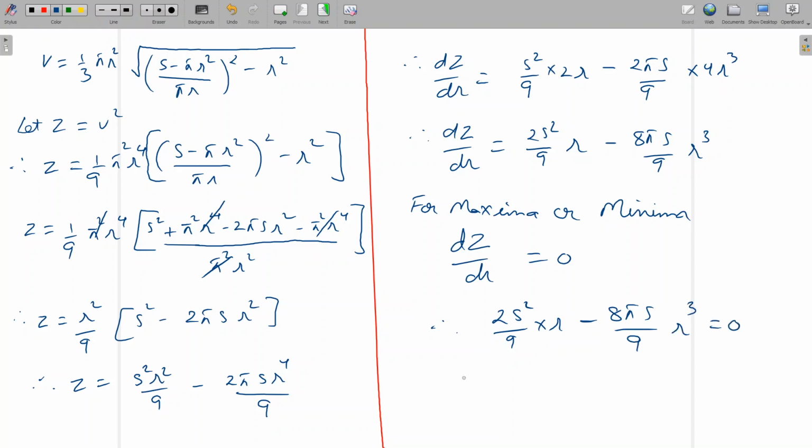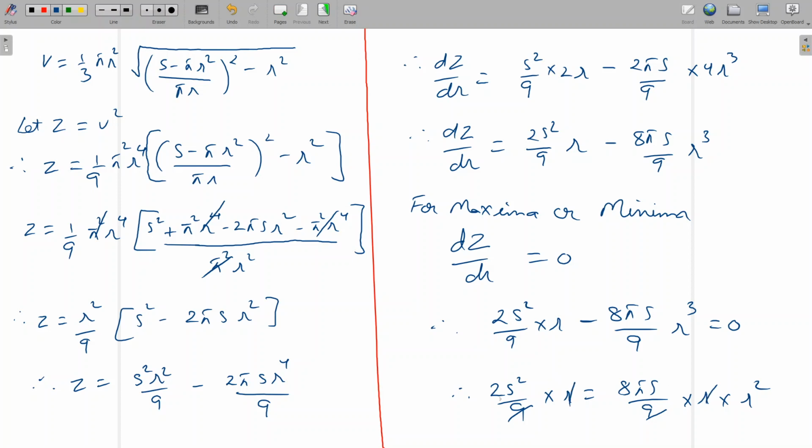So this will give us, therefore 2 S square over 9 into R equal to 8 pi S over 9 into R cube. So this 9 and 9 will cancel out both sides, and R cancels out.